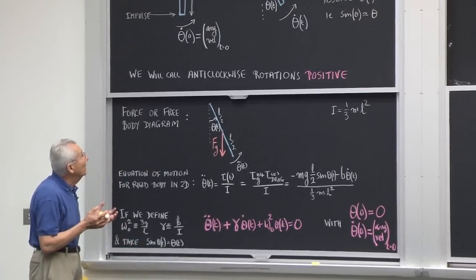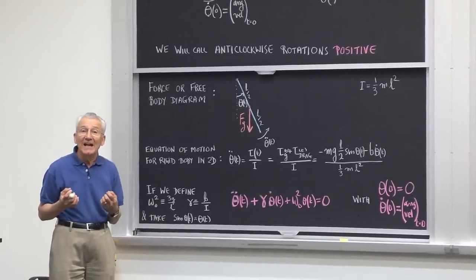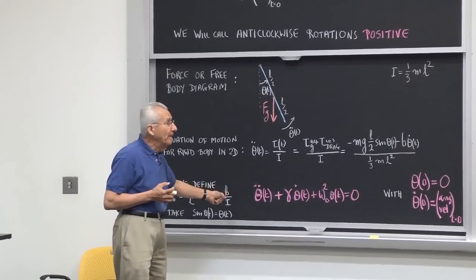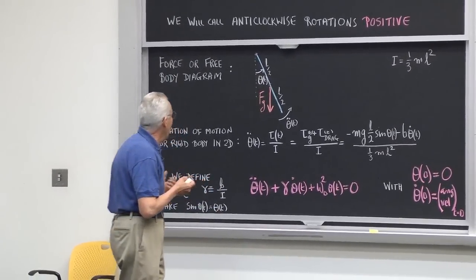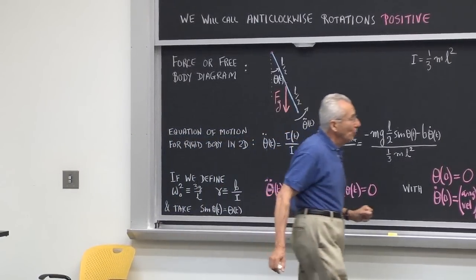In order to predict what will happen, what we now have to do is solve these equations. Okay? So that's what I will do now. So I will solve this equation.